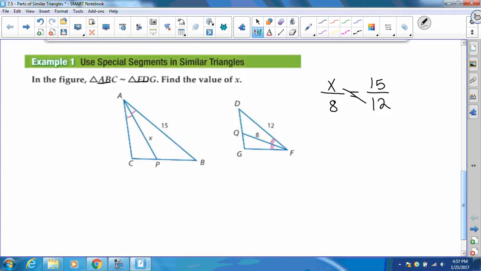Then I can cross multiply. X times 12 is 12x. 8 times 15 is 120. Then divide by 12, and X would be 10.